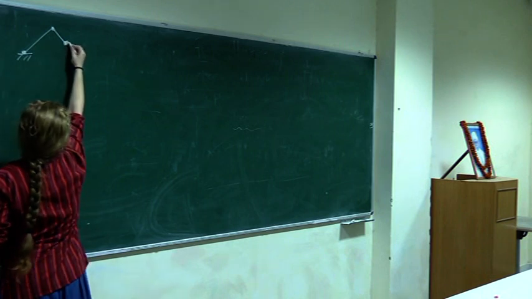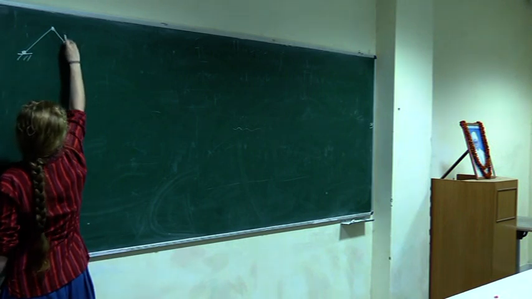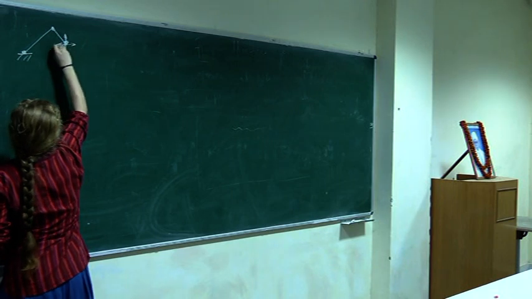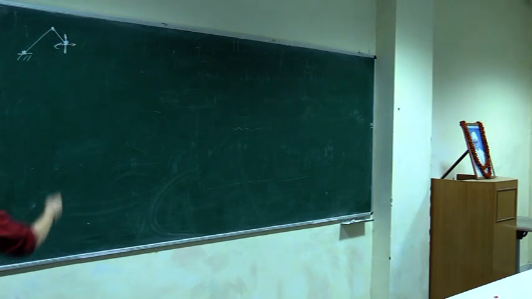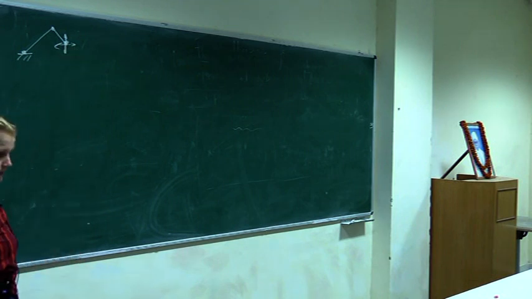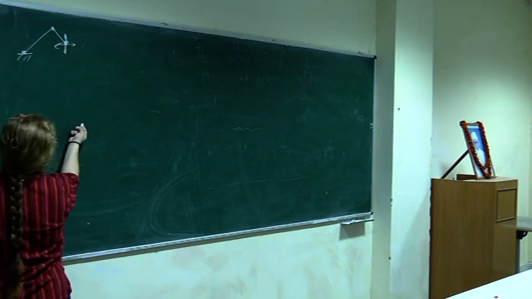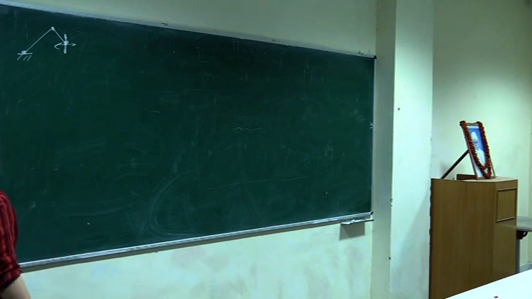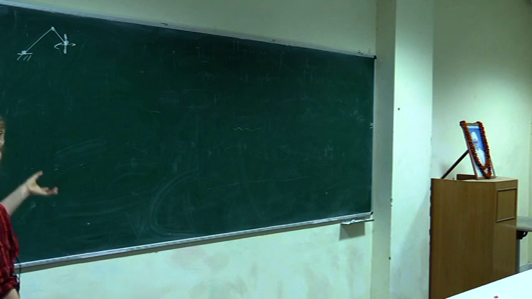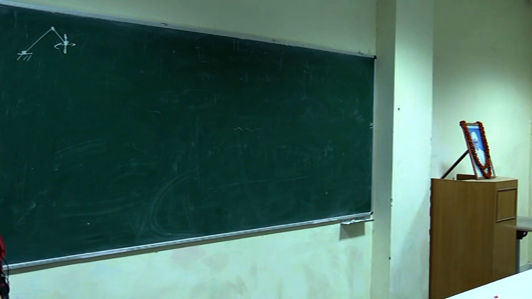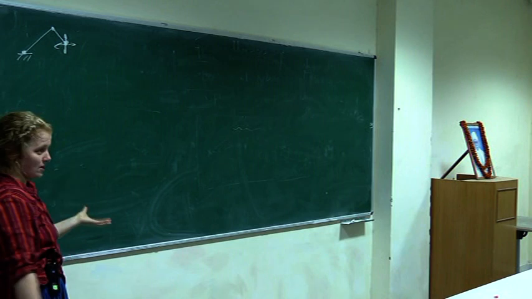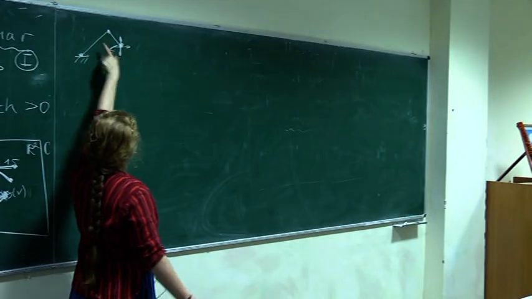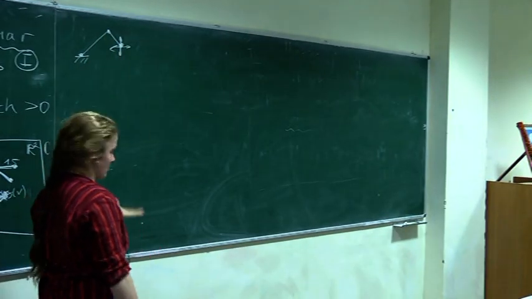This point can move on a plane in two dimensions, so it has two degrees of freedom. And if we are interested in programming, for example, the movements of a robot arm, we are interested in what this space of all configurations looks like.